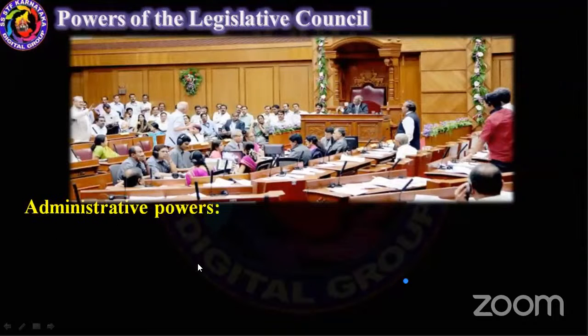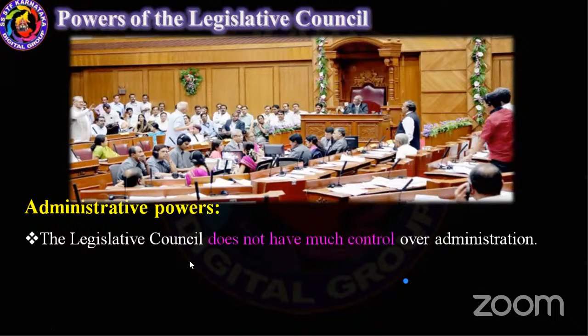Next, administrative powers. The legislative council doesn't have as much control over administration as the legislative assembly does. The legislative assembly has more powers over the administration. Like that, the legislative council doesn't have that much control over the executive body or the administration.